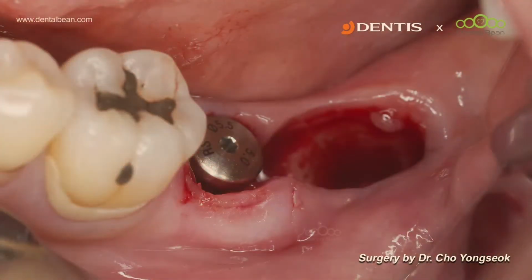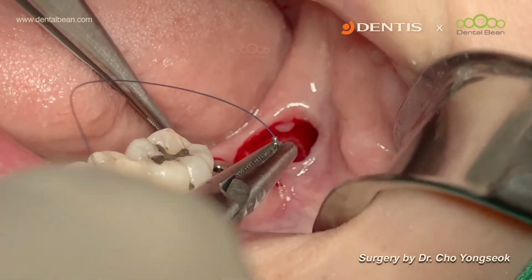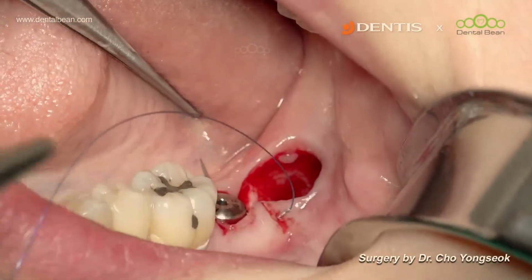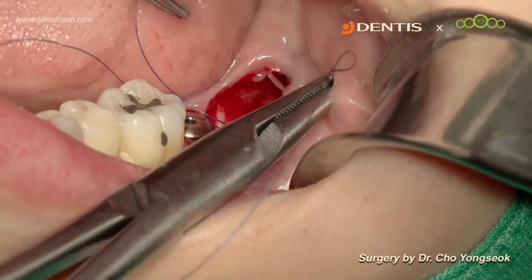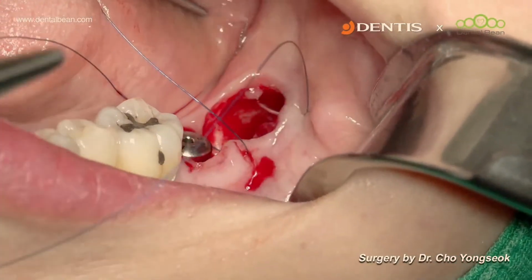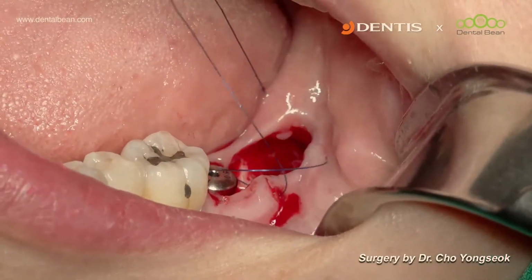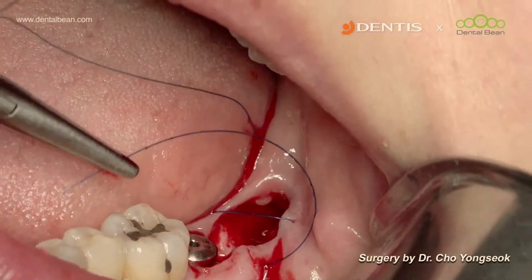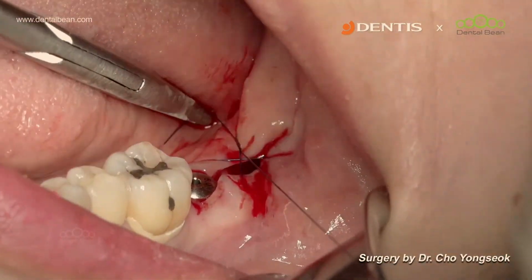Okay, because of the extraction site of number 38, I decided to approximate the flap. Generally, this is not always necessary. Simply approximate with 5-0 nylon.